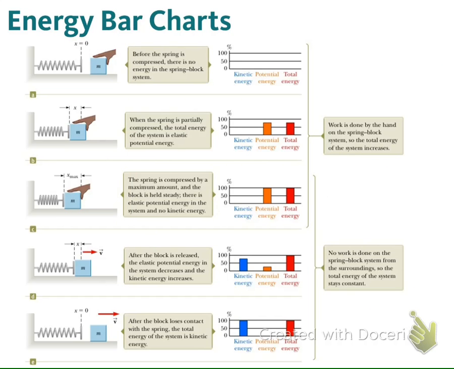The relation between kinetic energy and potential energy can be visualized or explained using the energy bar chart. In the energy bar chart, we categorize the kinetic energy, the potential energy, and the total energy.